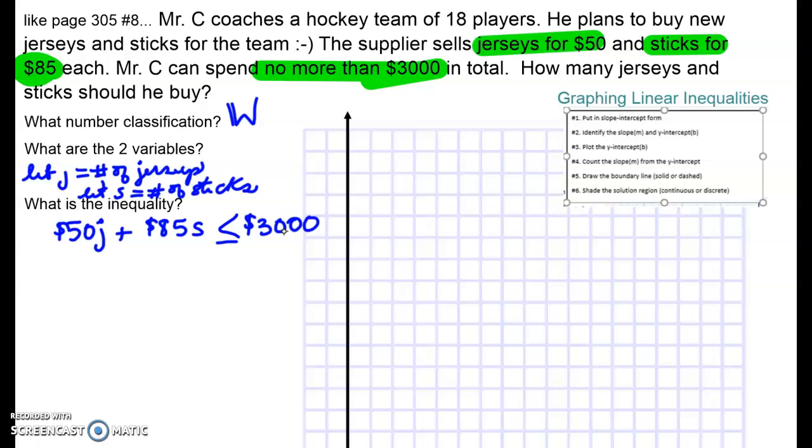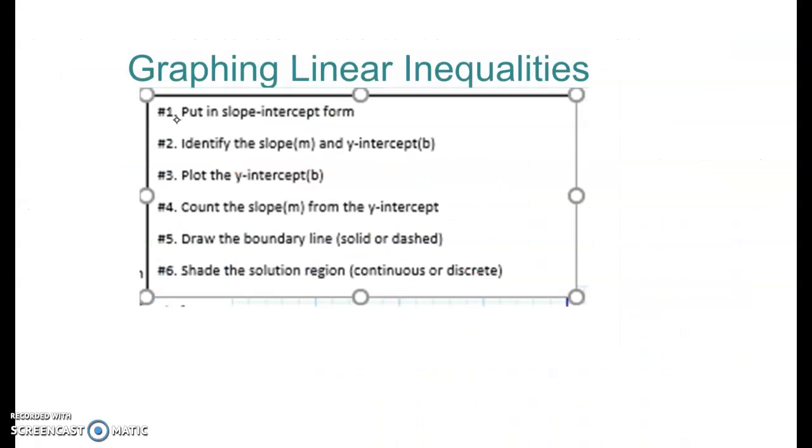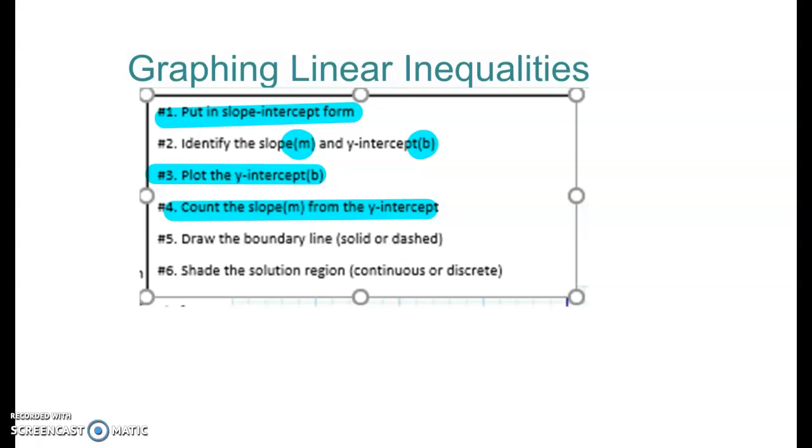So what we need to do here is follow the exact steps, and let me show you them. We're going to put the equation we wrote into slope-intercept form and find the m and the b. Then we're going to plot the b and then plot the slope. And then we're going to join those 2 points up to form our boundary line as either solid or dashed.